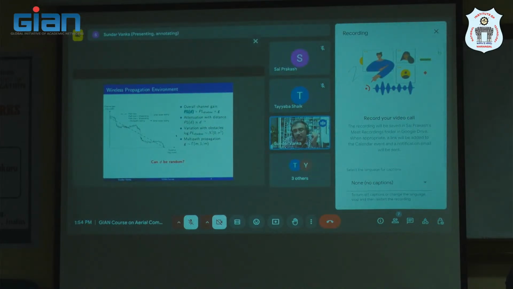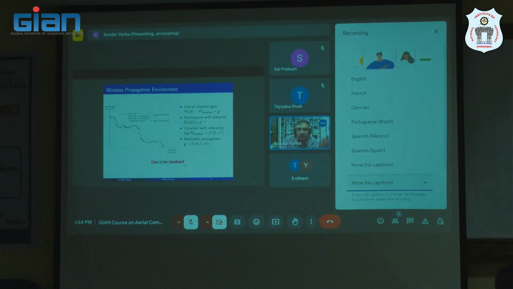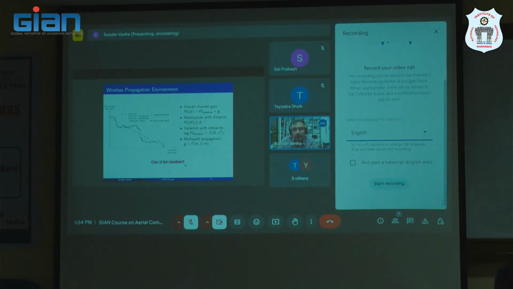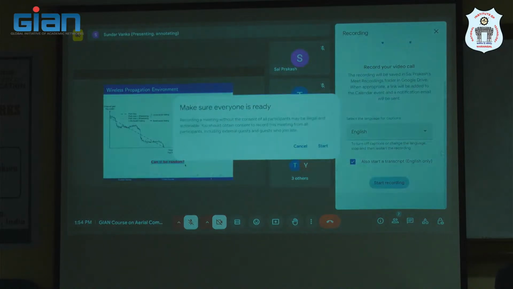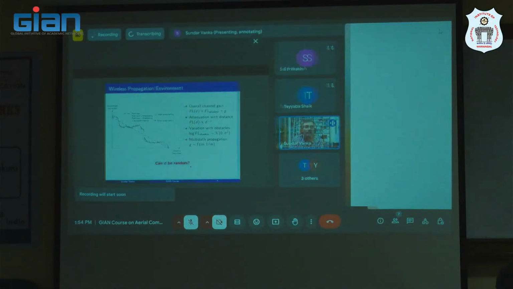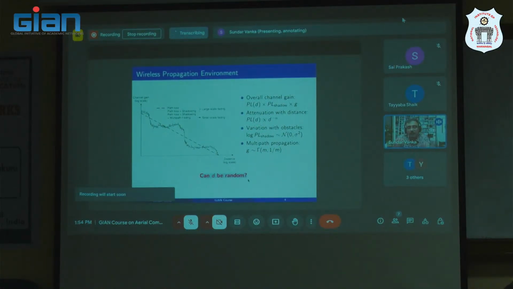Then the question that arises is, can this distance be random? If you think of a tower, all of us are sitting in our rooms now attending this call. Imagine the different people having their phones, and each phone is probably connected to a different tower because you may have a different carrier. One person may be connected to a Jio network, one to an Airtel network, another to a BSNL network.